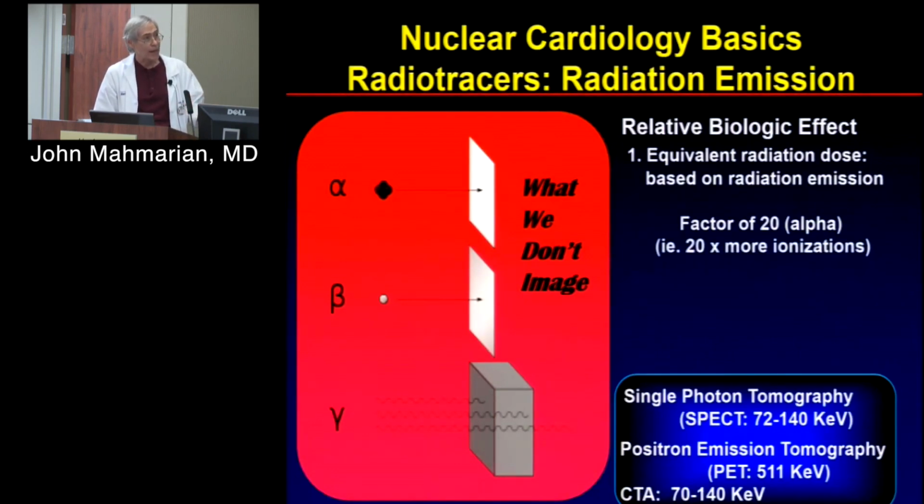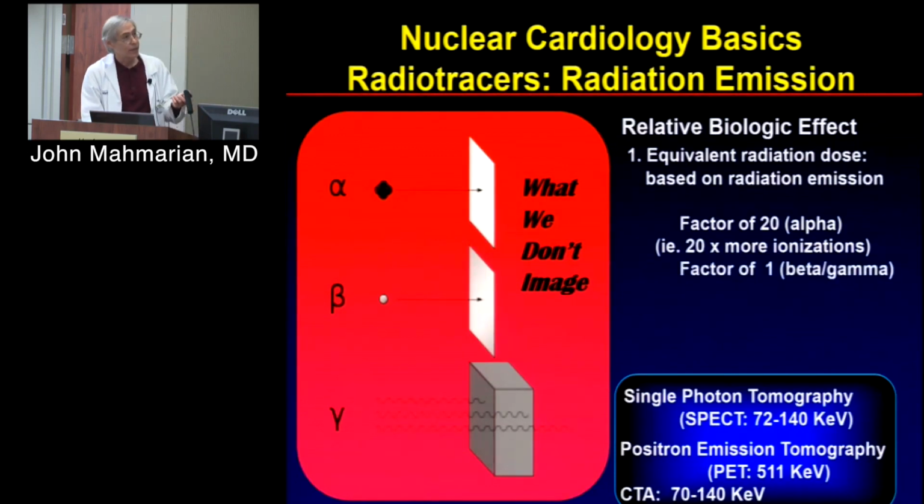And that's because they ionize things about 20 more times than those other particles. And if you look at beta and gamma, which are electrons and gamma radiation and photons, that only is a factor of 1. So basically, your dose is not changed based on if you get beta or gamma, because it's a factor of 1.